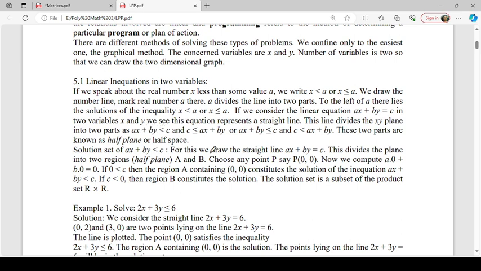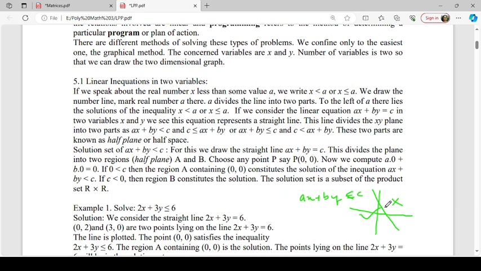If we write ax plus by equal to c, this is a straight line equation, so we can plot it. Suppose this is a straight line. When you say less than c, we'll have some values for this, which may be on this side or on this side.